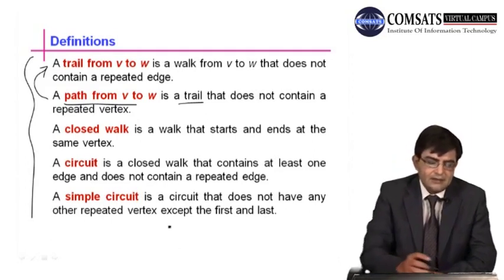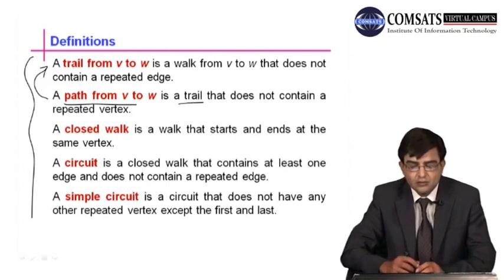So next is a closed walk. What is a closed walk? A closed walk is a walk that starts and ends at the same vertex. Here it's basically a sub definition of a walk.